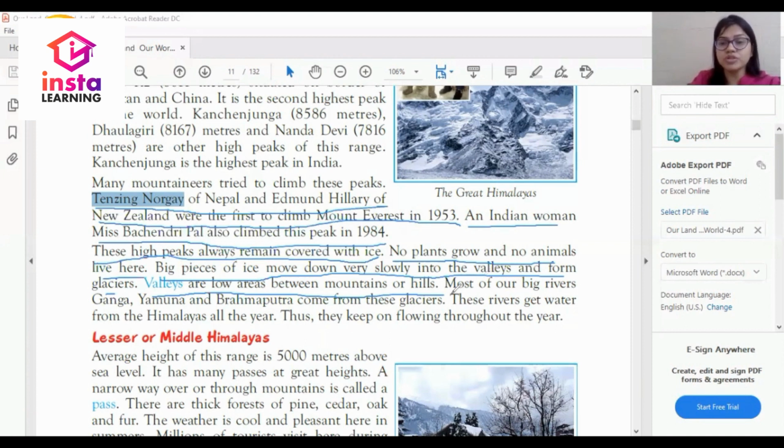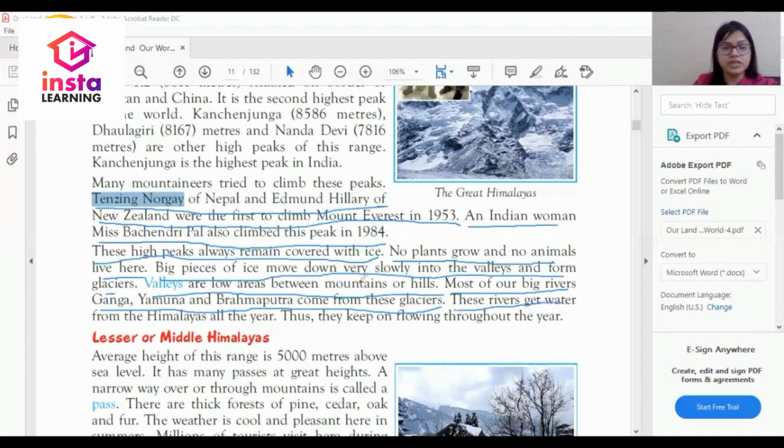So most of our big rivers like Ganga, Yamuna, Brahmaputra come from these glaciers. So basically Great Himalayas region से कौन कौन सी rivers आती हैं? The Ganga, Yamuna and the Brahmaputra. किससे आती हैं? जो हिमालयाज रीजन से ग्लेशियर बनते हैं उनसे ये सारी नदियां आती हैं.